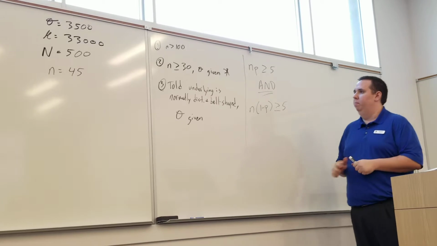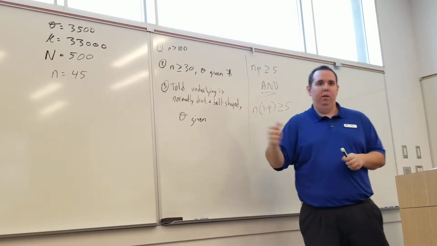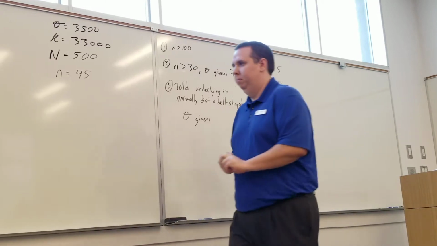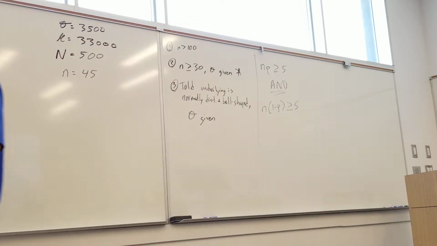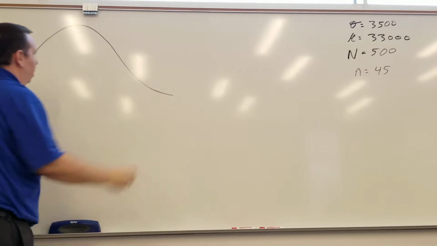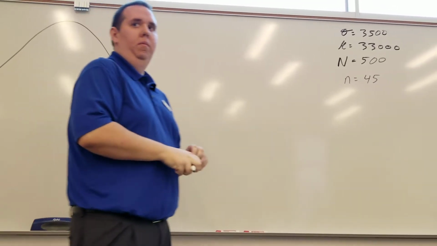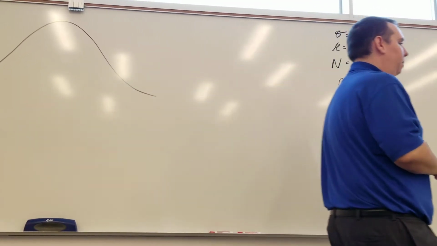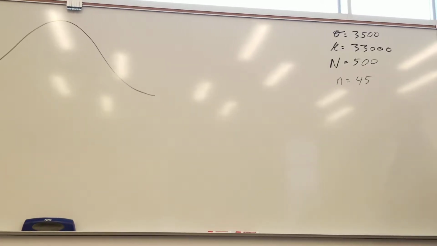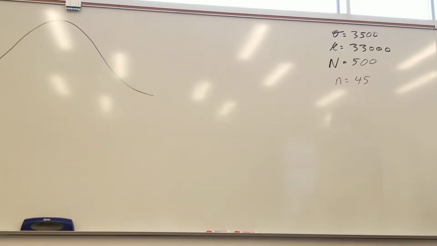All right, so this is step 1. We find our proof. What's step 2? Draw your bell shape. Okay, so we draw our bell curve. And what do we need to label on that bell curve? Your sigma, your mu.